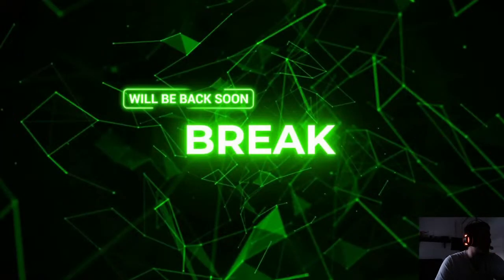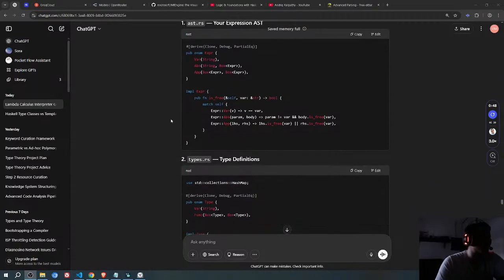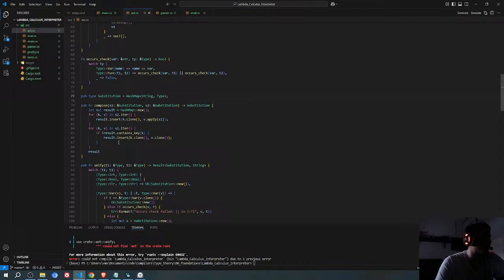Let's see. I'm gonna remove the memories. I think to build a bit of backup. Okay, so or maybe I should remove the thing.